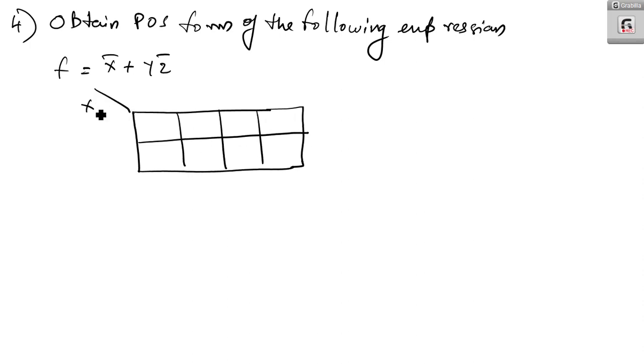This is X, this is Y, Z. 0, 0, 0, 1, 1, 1, 1, 1, 0. This is 0, 1. X bar, X, Y bar Z bar, Y bar Z, Y Z, Y Z bar. So 0, 1, 2, 3, 4, 5, 6, and 7.